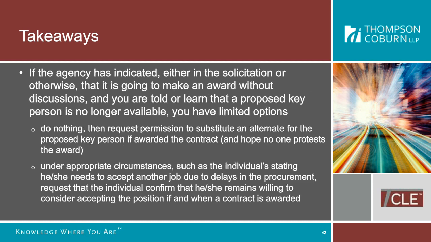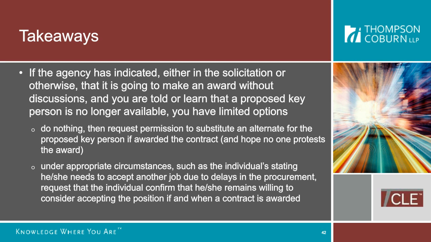But if the agency's indicated either in the solicitation, which we almost always see now, the agency says we intend to make an award without conducting discussions, but we reserve the right to hold discussions, or if you know otherwise that the agency is going to make an award without discussions, and you're told or you learn that the proposed key person is no longer available, you have very limited options under the existing status of the case law.